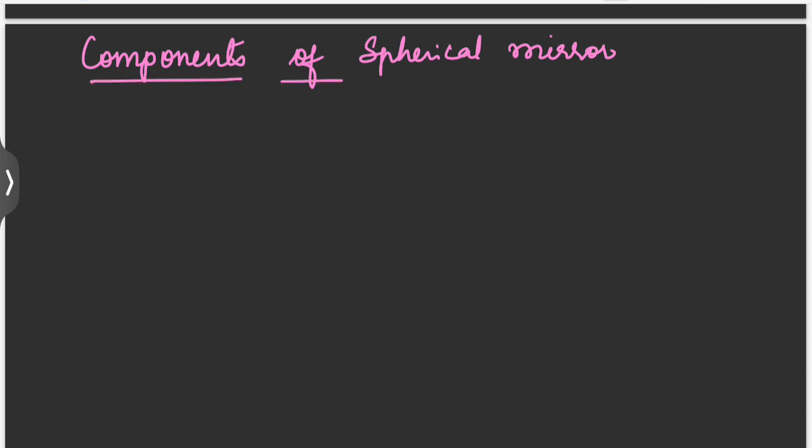Next we are going to see a very important topic under this, which is called components of spherical mirror. This can be asked in your examination. A definition can be asked, or these components are very important in drawing the ray diagram.